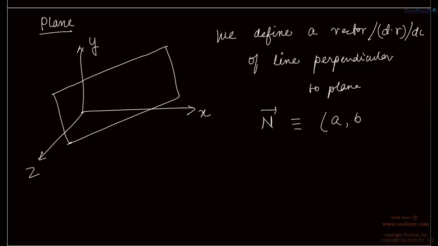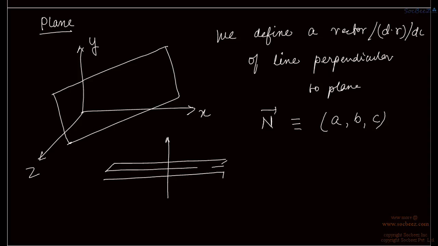Or we have equivalently its direction ratio as a, b and c. Okay, so if we have a vector which is say perpendicular to planes, then we will be getting many planes. Okay, we will be getting many planes, anywhere. Okay, so that this is perpendicular to this plane.